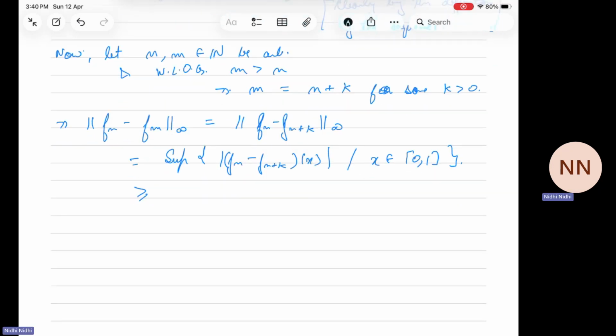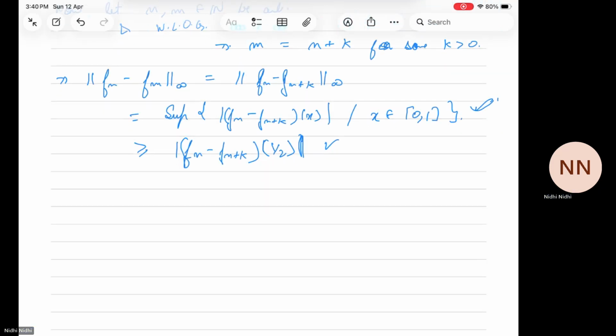Obviously this will be greater than or equal to the value at some point. This will be greater than or equal to Fn minus Fn plus k at a point, because this is actually the supremum over the whole domain and this is just a value at one point. So obviously this will be lesser than the supremum.